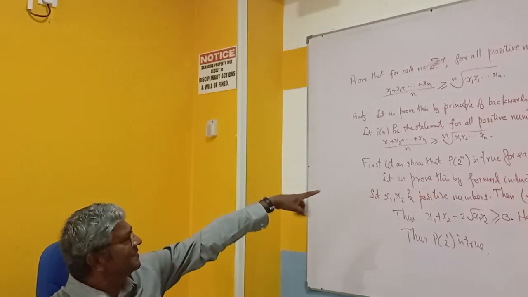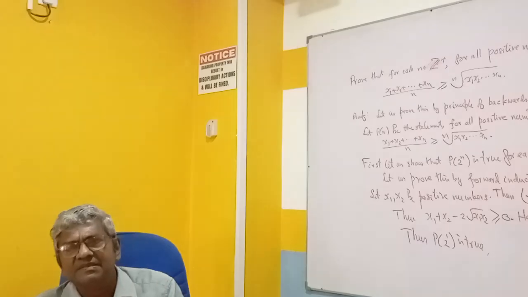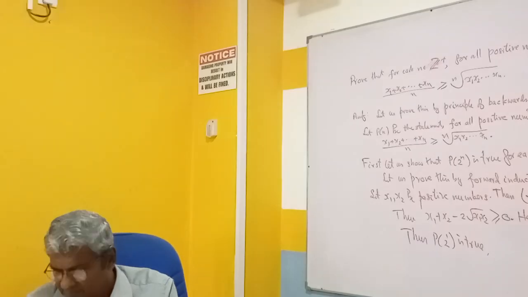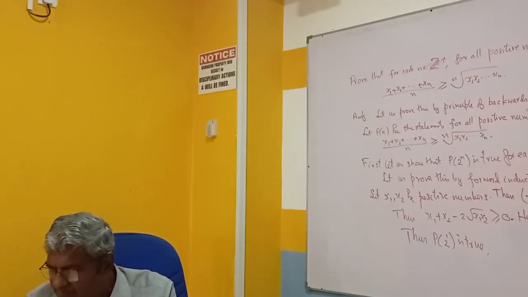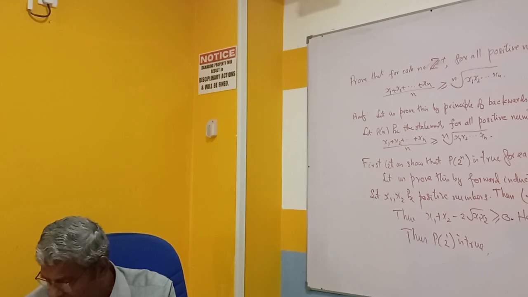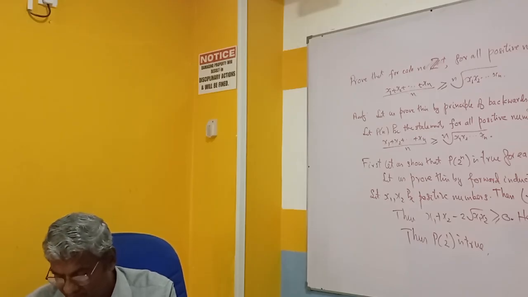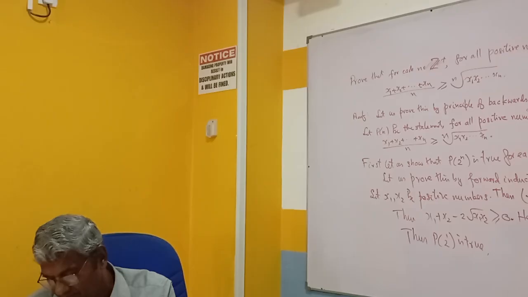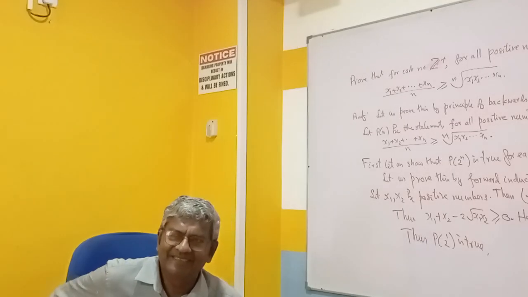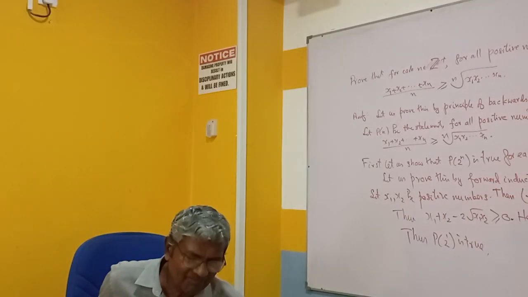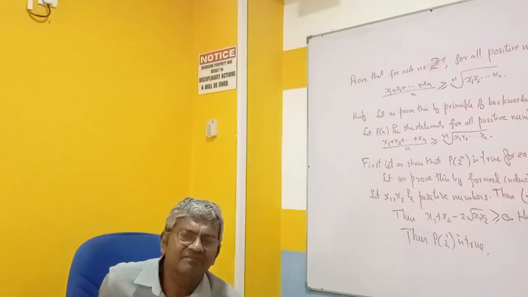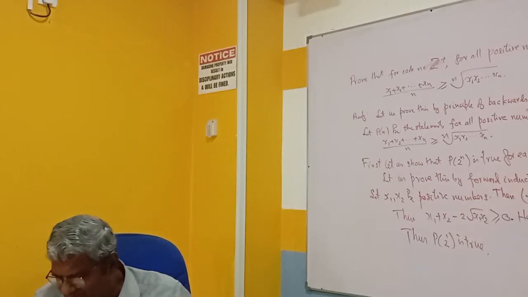Increasing: xn is less than or equal to xn plus 1 for each n belongs to the natural numbers.